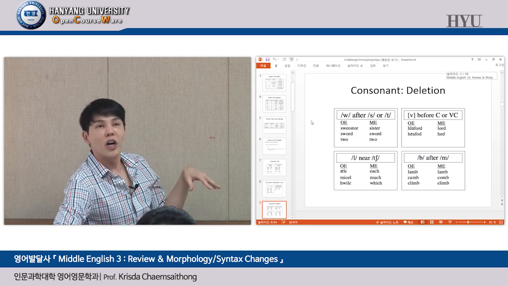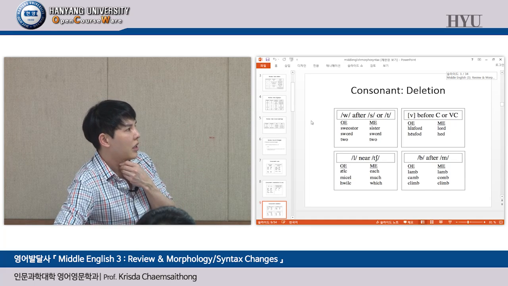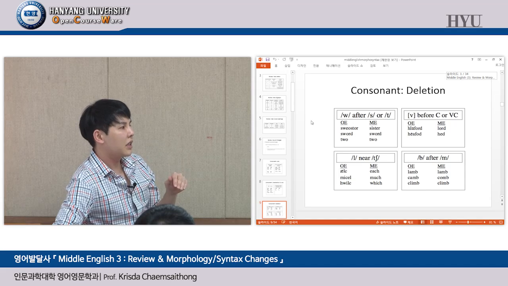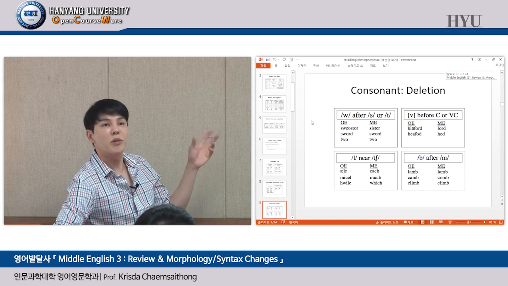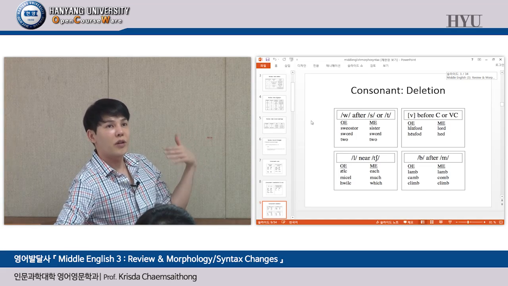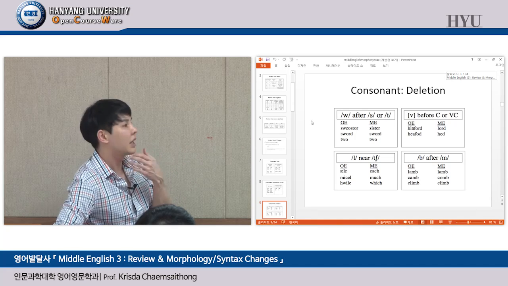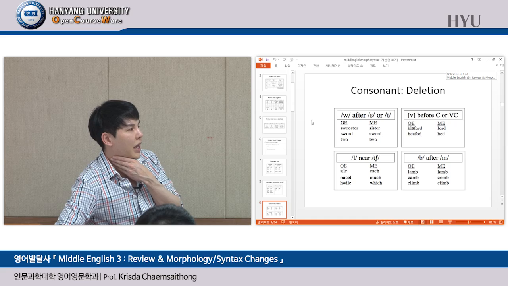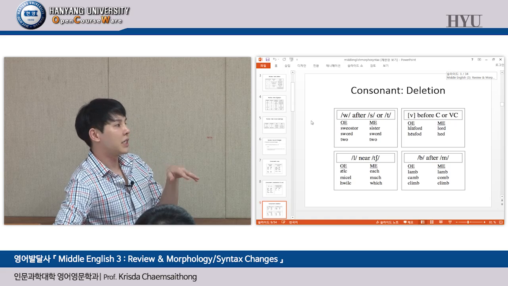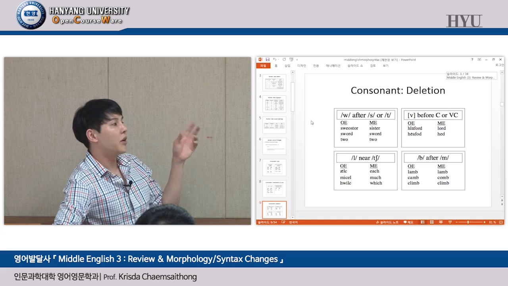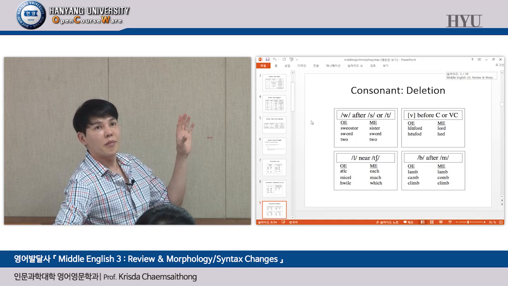So the V is gone in this position. And then L near the T-hook sound, elk to each, and so on, because perhaps L is a lateral sound and it's difficult to pronounce in front of the T-hook sound. And then B after M, so lamb to just lam, and so on. So spelling doesn't matter, right? B remains in the spelling system, but the sound is gone.